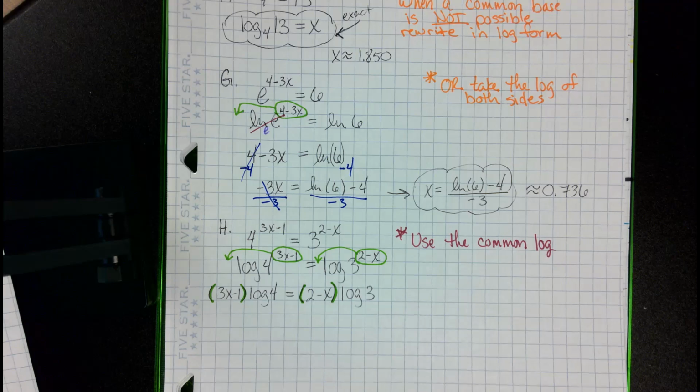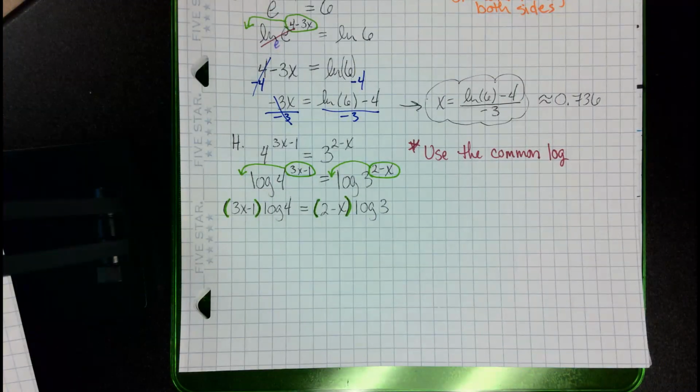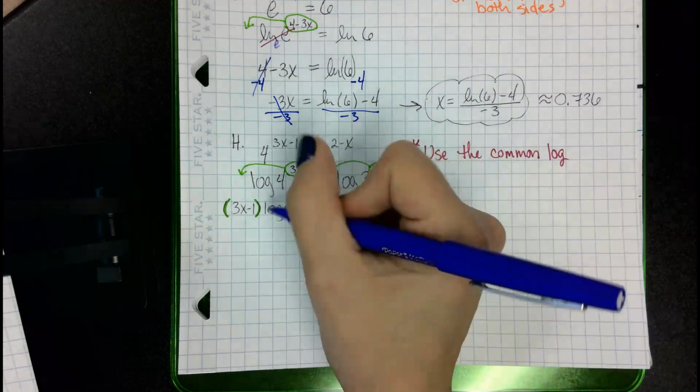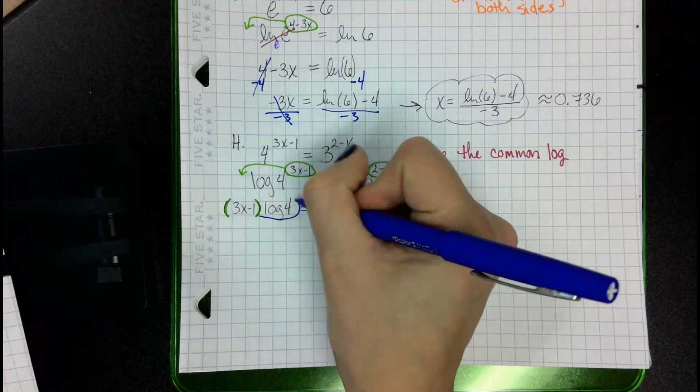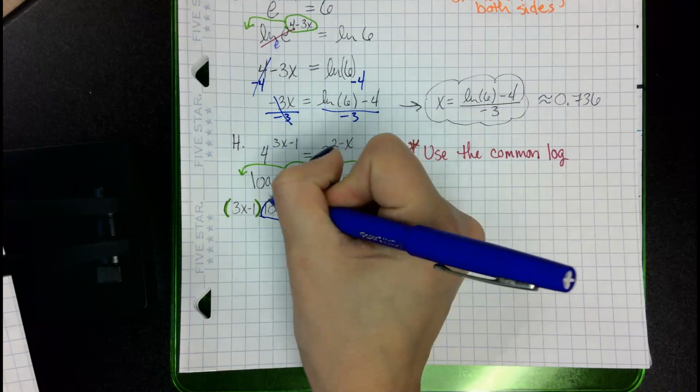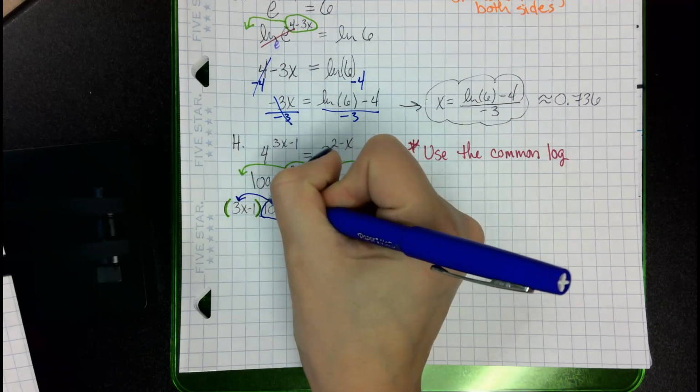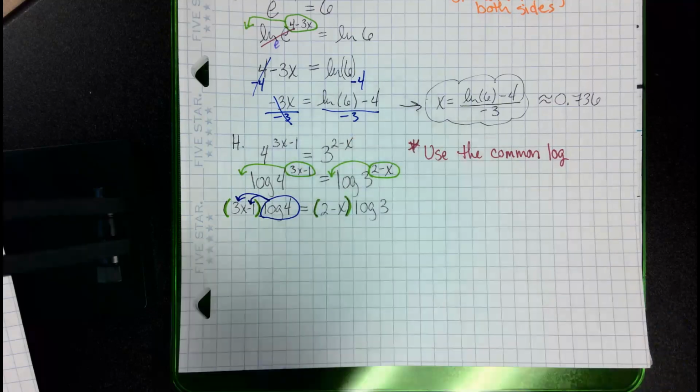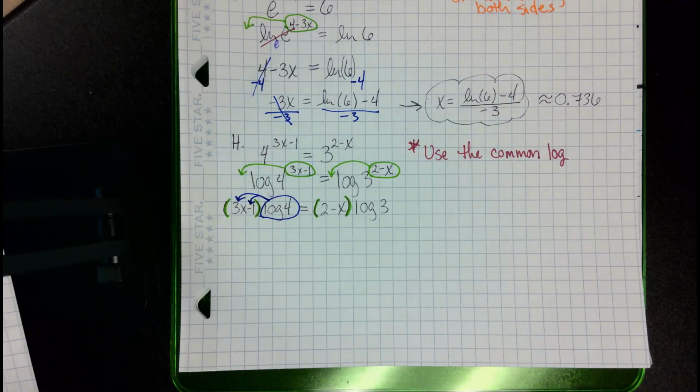Alright, so when I do this, I want to get x by itself, but right now there's an x on each side and it's inside parentheses. So before I can get my x's together, I'm going to have to expand everything. Expand means to multiply it out all the way. So I need to take this log 4 and distribute it into the parentheses. The nice part about this is I don't really have to do much arithmetic.